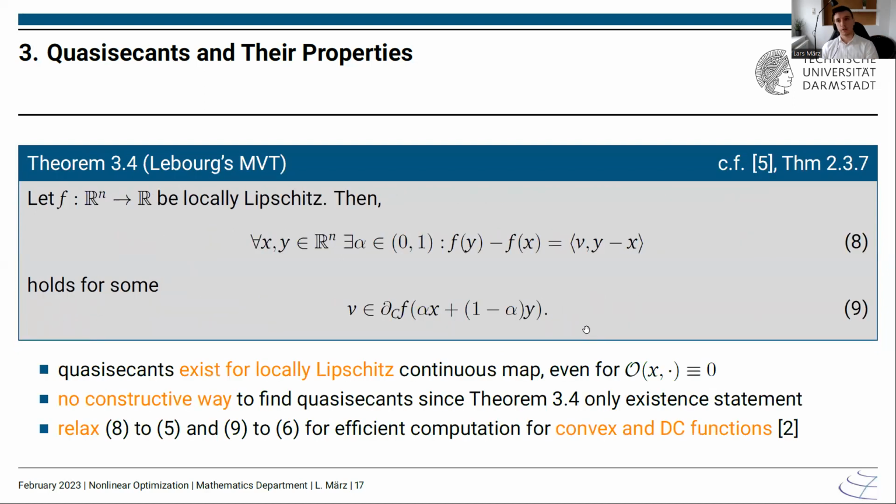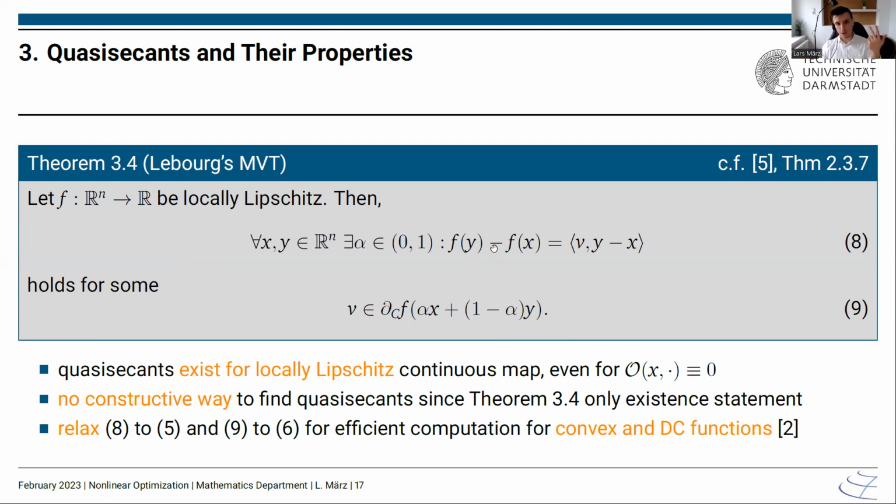Now, how can we be sure that we aren't talking about the empty set all the time? For that, look at Lebourg's mean value theorem, which states that if you have a locally Lipschitz map f, then for each pair x and y of points, there exists an intermediate point on this line segment such that the secant through those two points has a slope which is an element of the Clarke subdifferential at that point on the line segment.